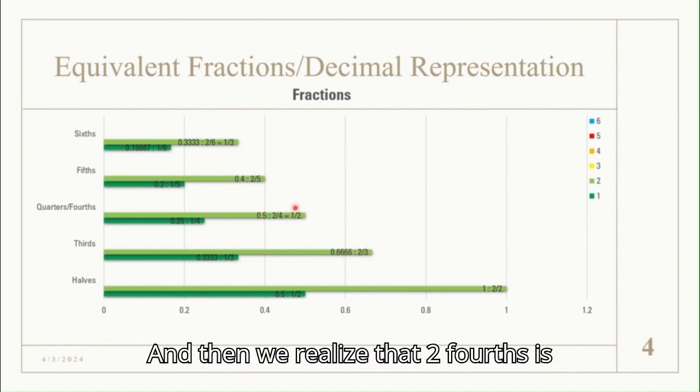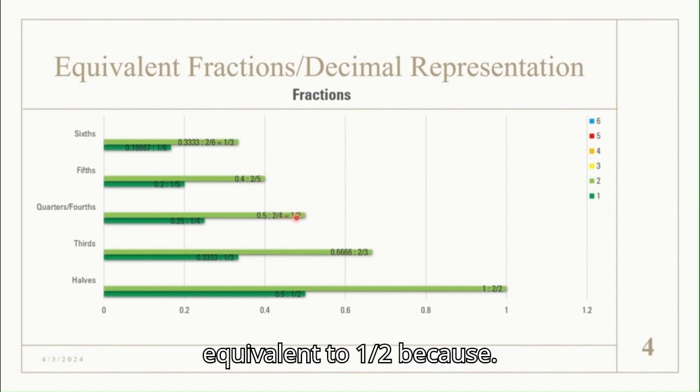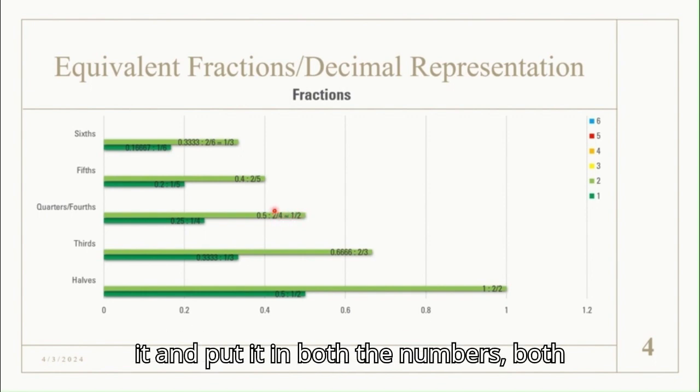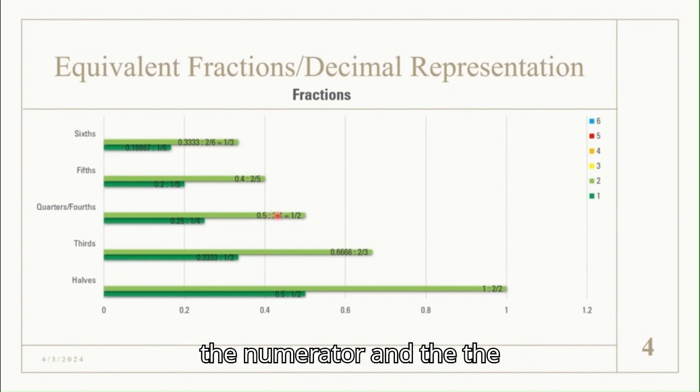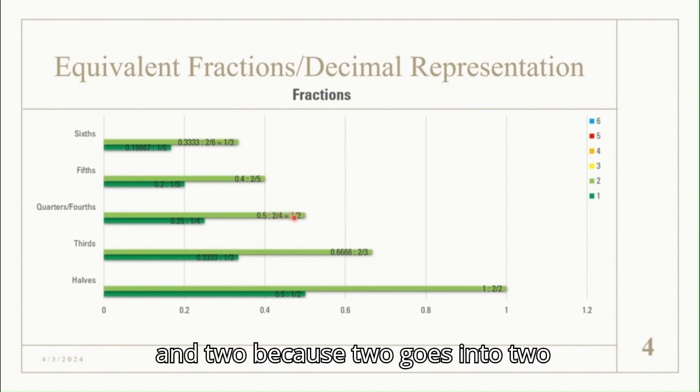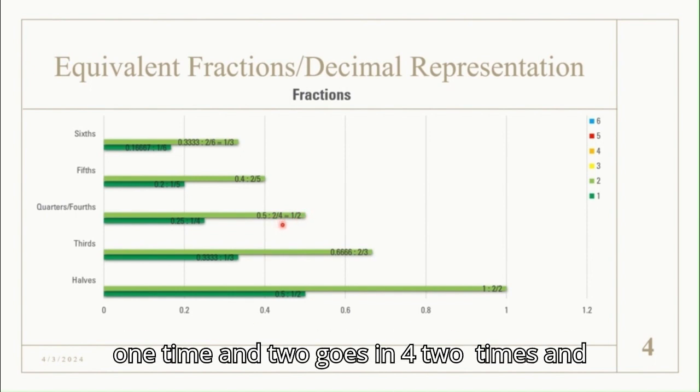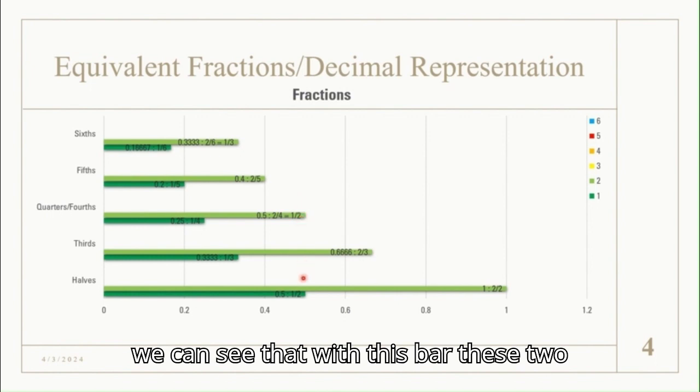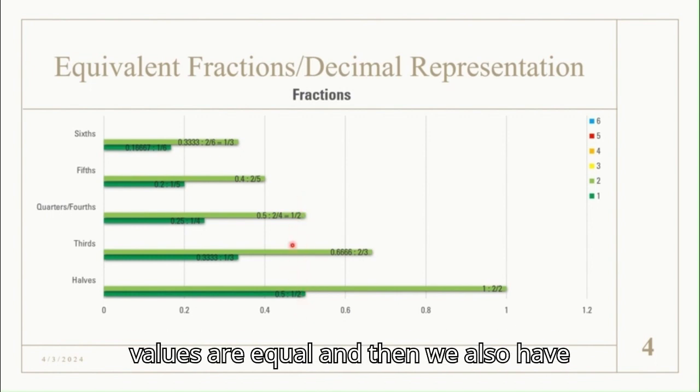Then we realize that 2/4 is equivalent to 1/2, because we can take 2 and put it in both the numerator and the denominator, and that gives us 1 and 2, because 2 goes into 2 one time and 2 goes into 4 two times. We can see that with this bar, these two values are equal.